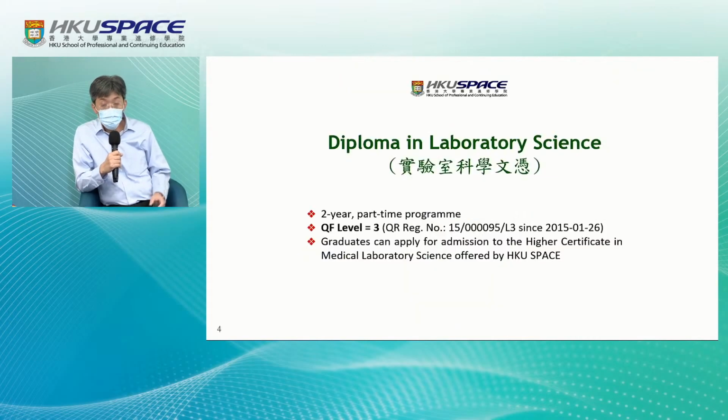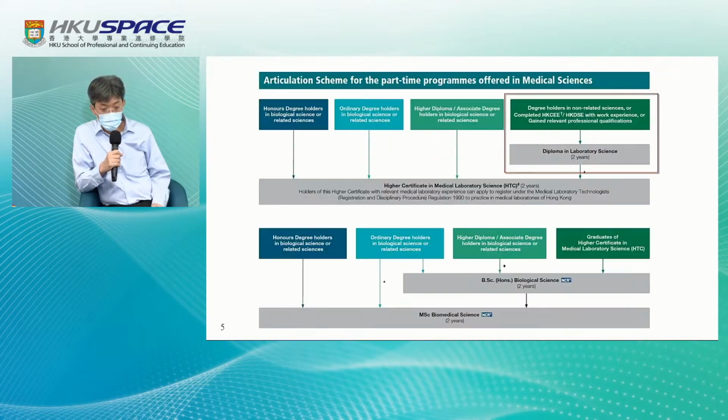So one of the programs that we use to train those technical staff is the Diploma in Laboratory Science, which is a 2-year part-time program. The qualification framework level is pitched at level 3. Those who graduate from this program can apply for admission to another program, the Higher Certificate in Medical Laboratory Science, offered by our Hong Kong SPACE.